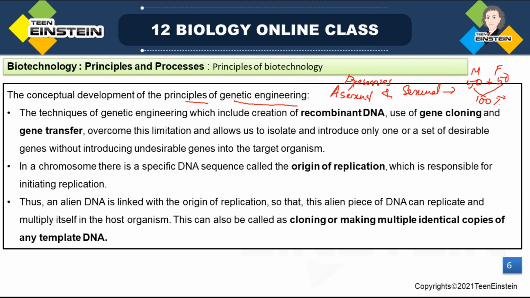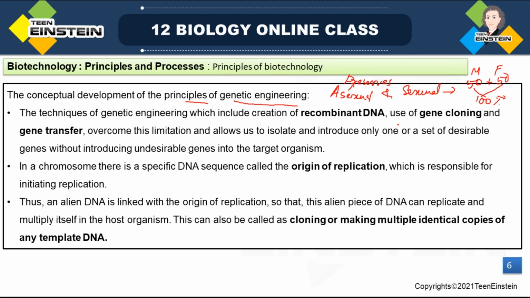But there, another problem is also there. Through this traditional hybridization procedure, when we are making the combination in the next generation, along with these desirable genes, some undesirable genes also may pass from the parents to offspring, right? There is no use with some characters, but they also will pass to the progeny along with the useful characters.